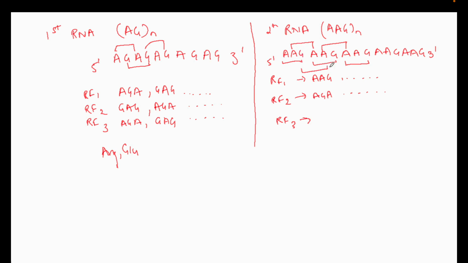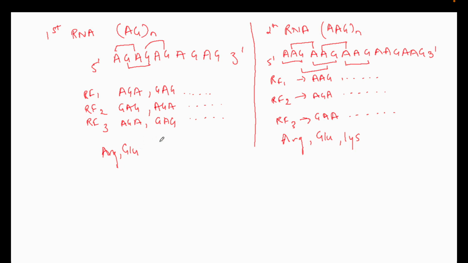These 3 nucleotides, GAA n number of times, right? And here the amino acids are arginine, glutamate and lysine.